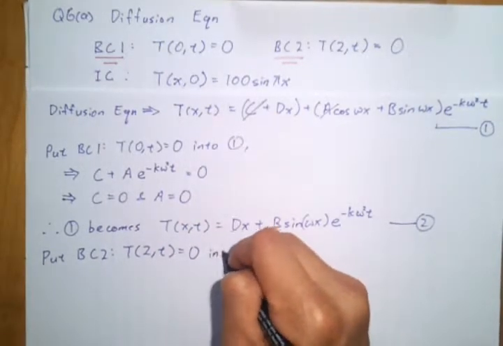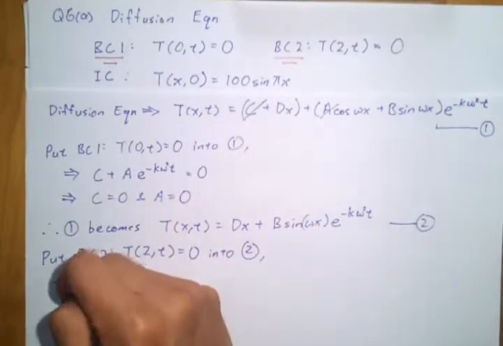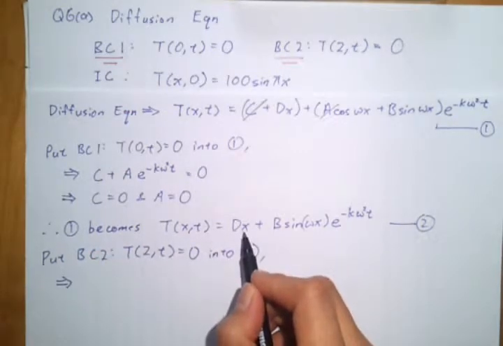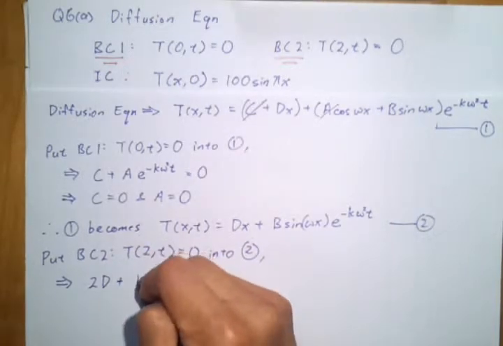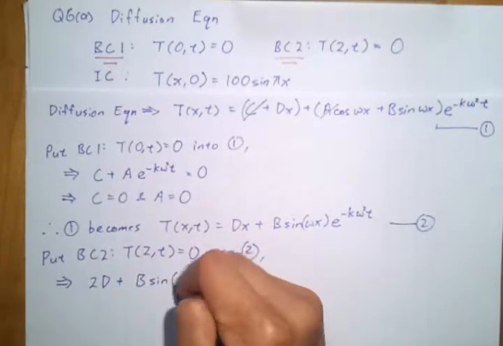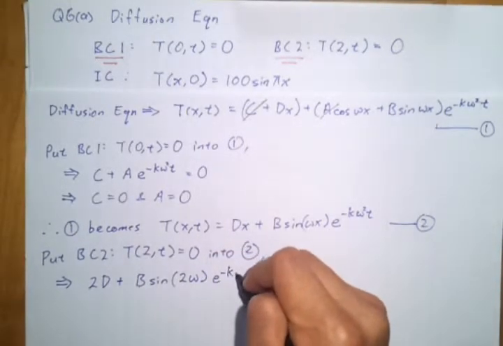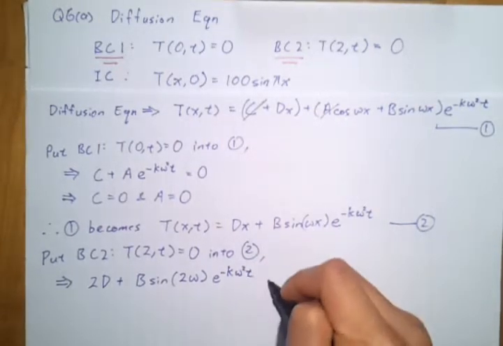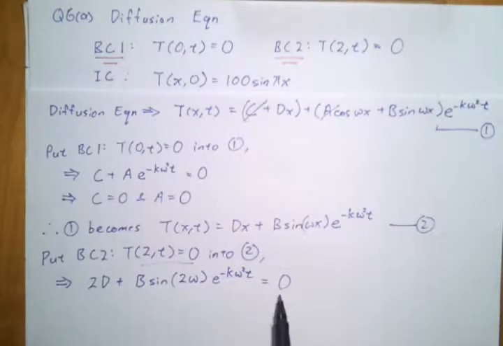So I put that into my updated solution, equation 2, and I just put x equals 2 here and here. You get 2d plus b sine 2 omega times e to the power minus k omega squared t. Now this has to be equal to 0, right? Again you have to ask yourself, this has to be equal to 0 at all times, at all values of t.